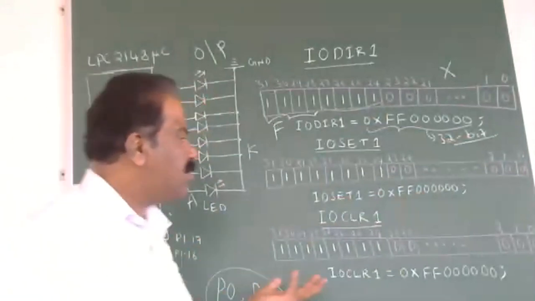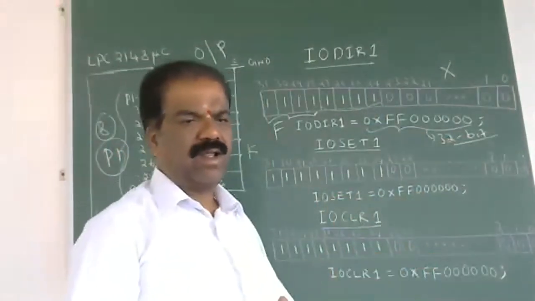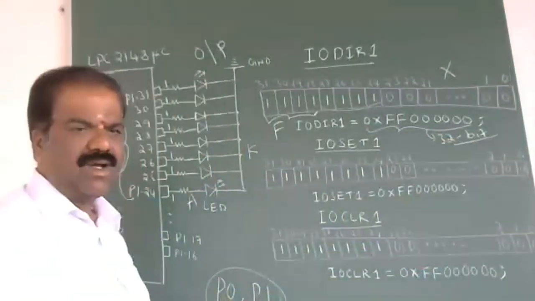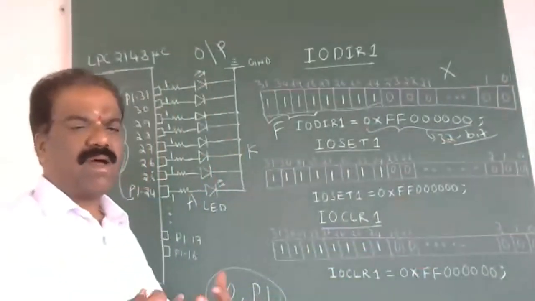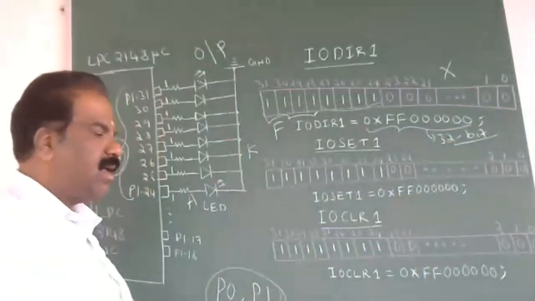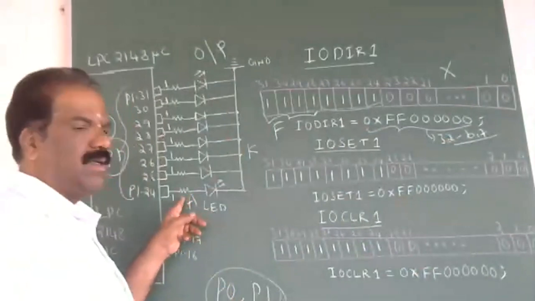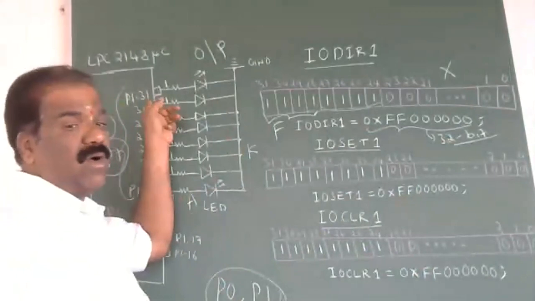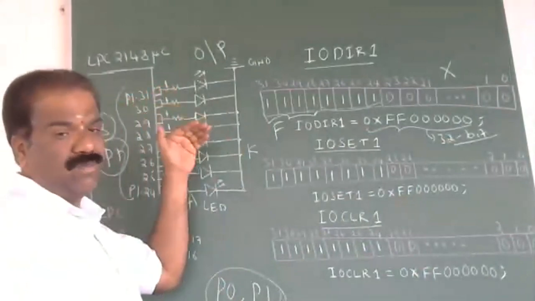Then after some time, you can write a delay program, say call delay program. Then after 1 second, 2 seconds, 3 seconds, or 0.5 seconds, depending upon your requirement, we have to make P1.24 till P1.31 low. How to make it low?